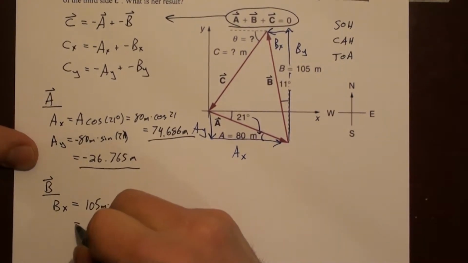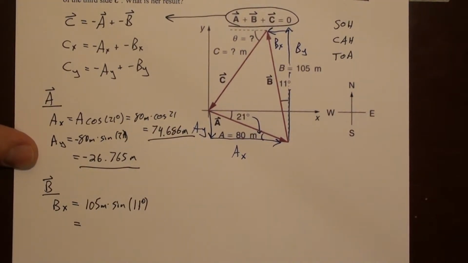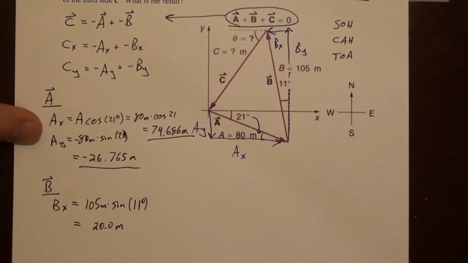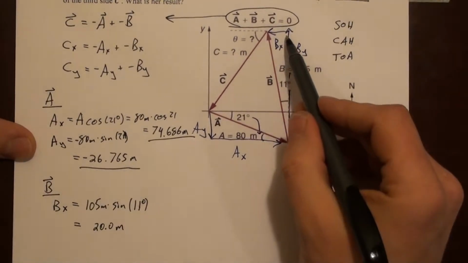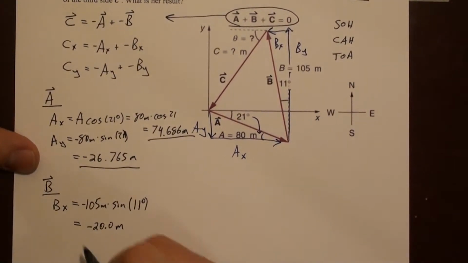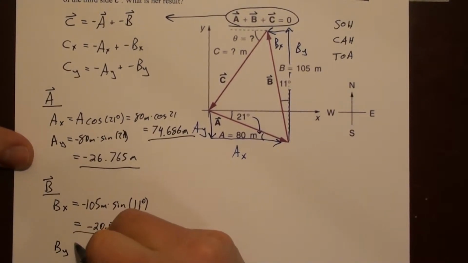And that gives me 20.0 meters. And that's pointing to the left, so that's actually negative, so I need to be careful about that. That's negative 20.0 meters.